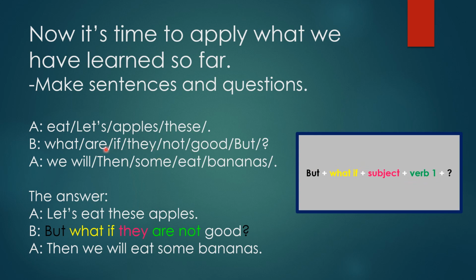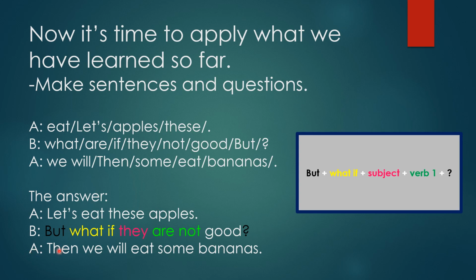Where is a verb? Here it is: are. And I have not here, so this is a negative case: they are not good, and the question mark, which is very important. But what if they are not good? What are they? The apples. What if they are not good?